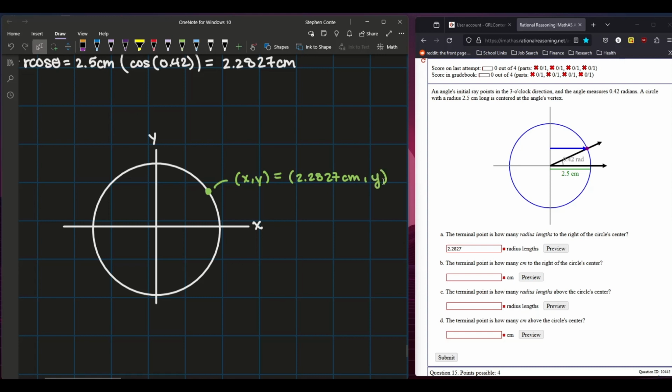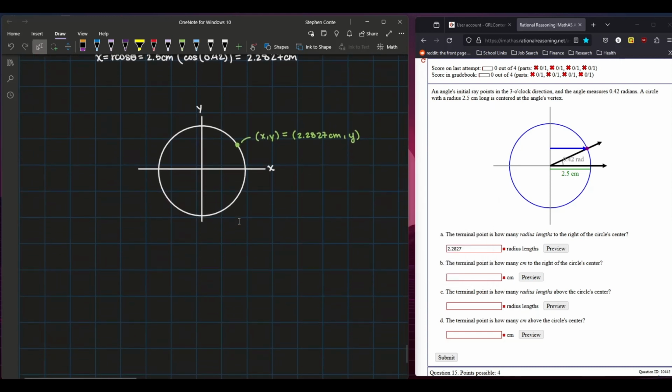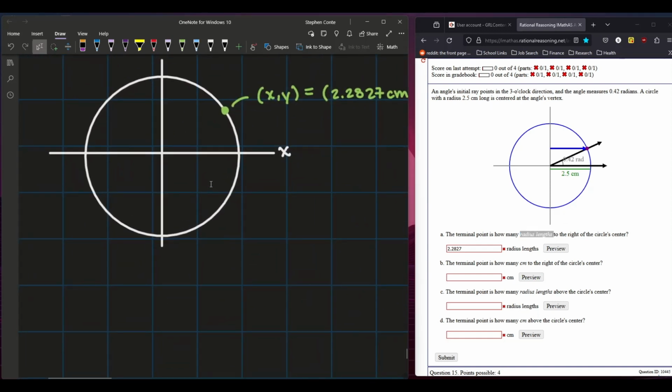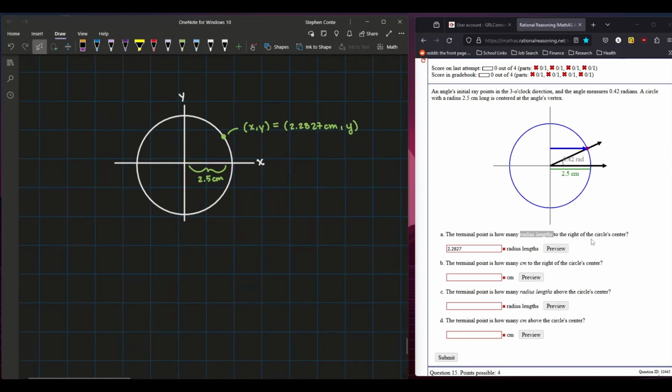I don't know y yet. We're not concerned with y yet. We're not trying to solve for y. The question is asking for an answer in radius lengths, right? Well, what do I know the radius length is? I know that the radius is 2.5 centimeters.